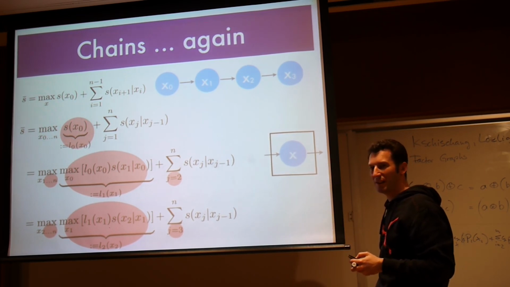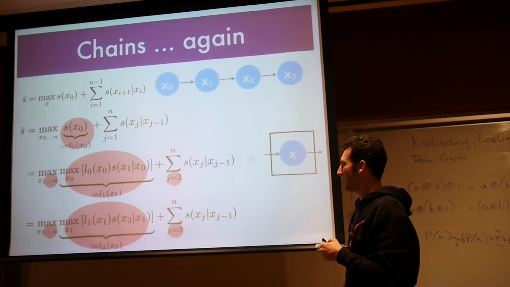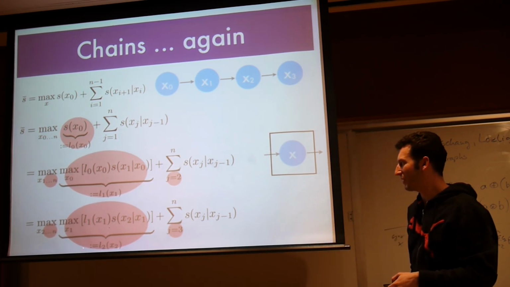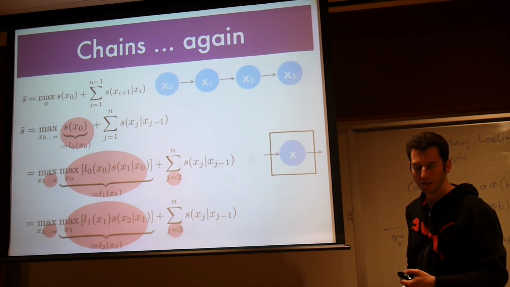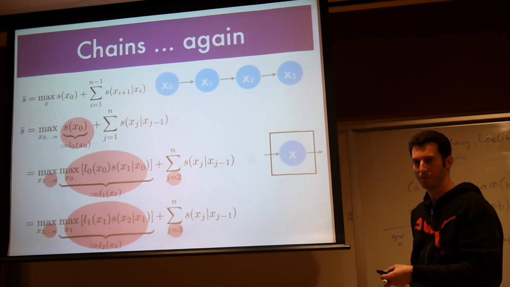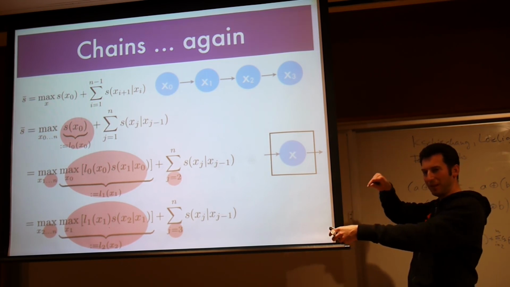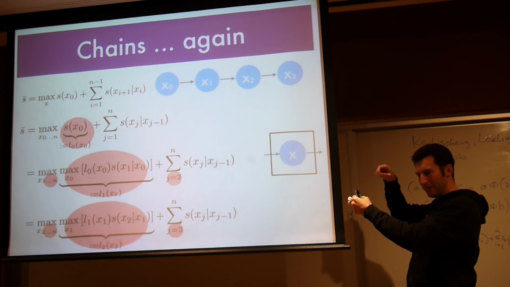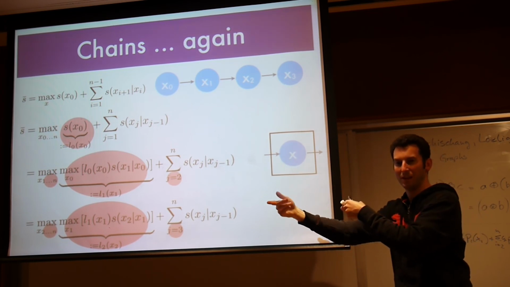Now that I have the most likely assignment for x3, I can go back. Once I know the best assignment for x3, I can figure out what the best one would have been for x2. And once I have that, I can figure out the best one for x1 and then x0. So I first do the forward pass to eliminate everything but the last one. And then it's just like unzipping a zipper, you go back from one node to the next.